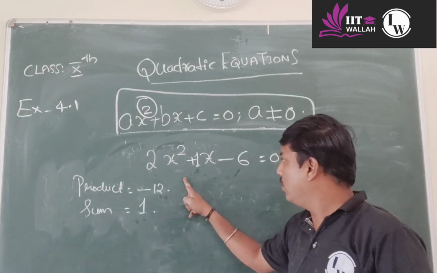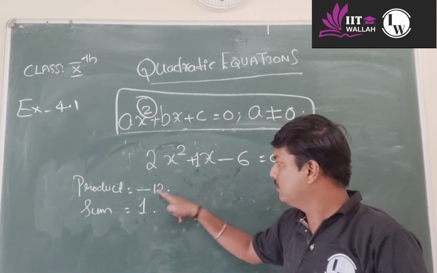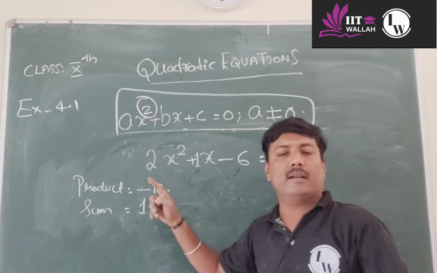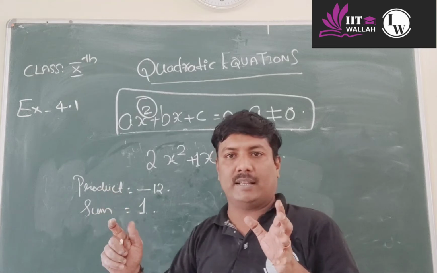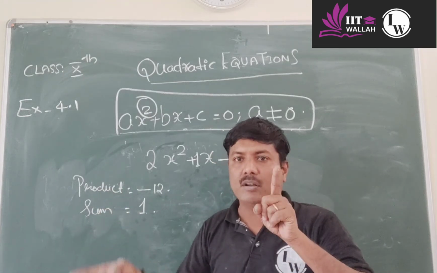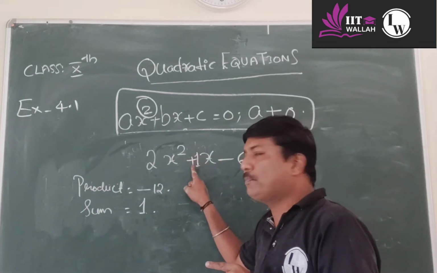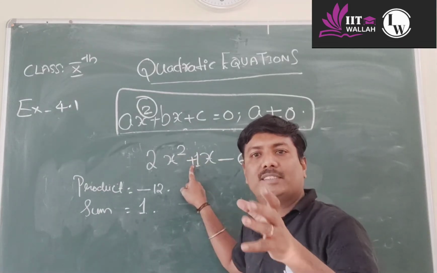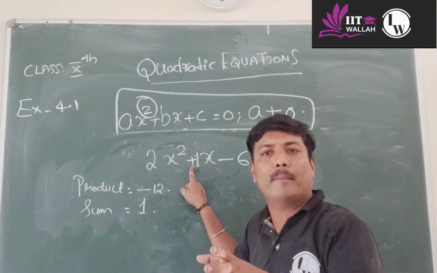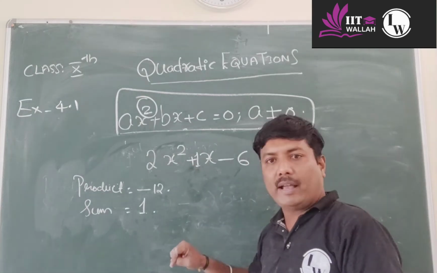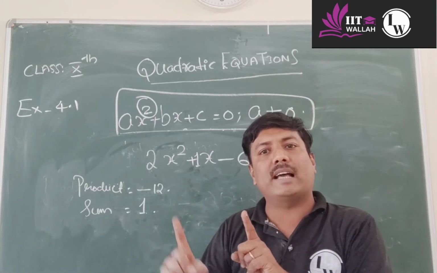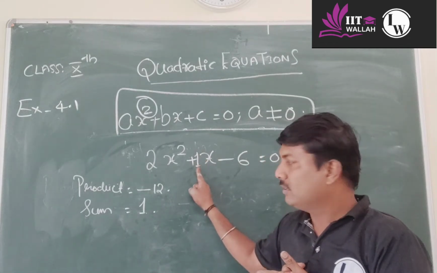The product is a negative number, so from this information you can understand that one number is negative, one number is positive. The sum is positive, so the greater number is positive, the smaller number is negative. And they are consecutive numbers, then only you will get 1 here.